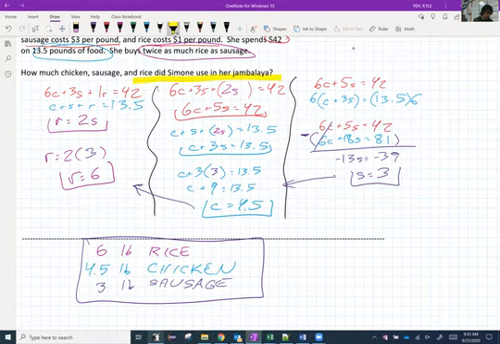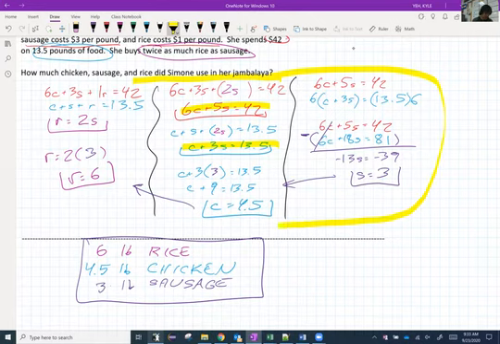I worked it over here, plugged them in, got my 2 new equations, worked it here, and then used those 2 new equations. I ended up using elimination again because it seemed pretty easy. Used elimination, found S equals 3, which means now I'm on my way back. Plugged in 3, found C was equal to 4.5, and then plugged in S over there, found R was equal to 6.